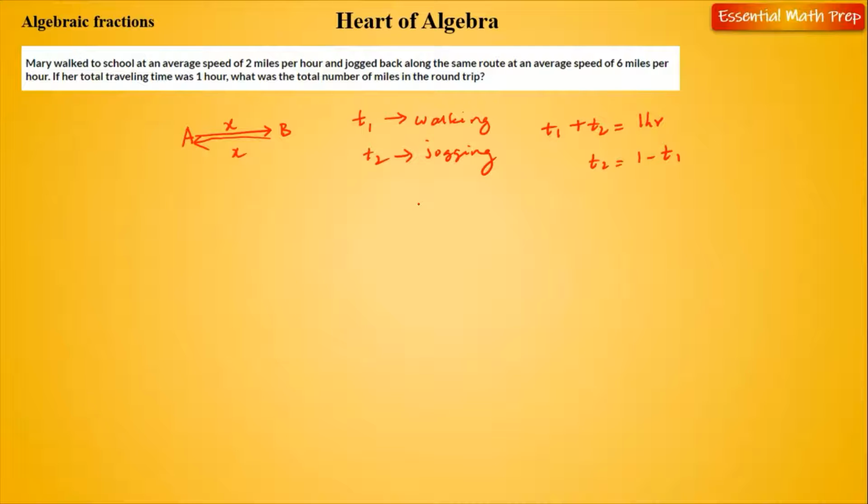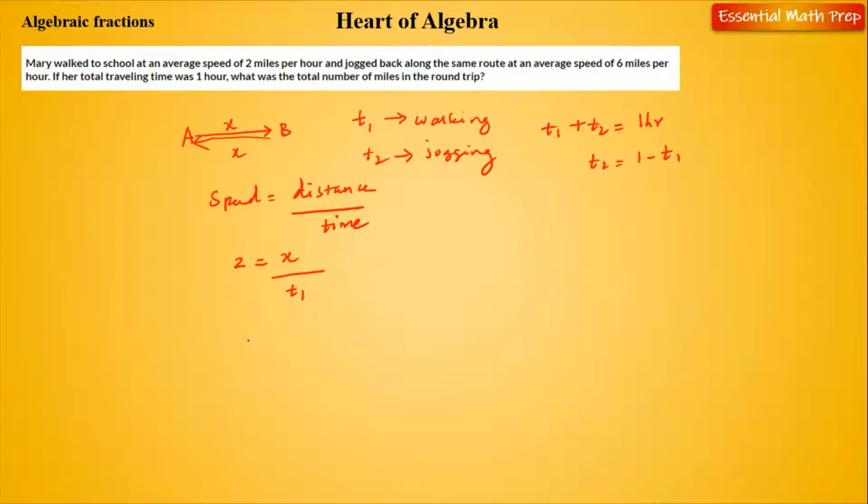I'm just shuffling it around so I can solve the problem. Now we know for a fact speed equals distance over time. Let's solve the problem twice, one for walking, one for jogging. So while Mary was walking, our speed was 2 miles per hour, our distance is x, and the time taken is t1, because we said walking is t1.